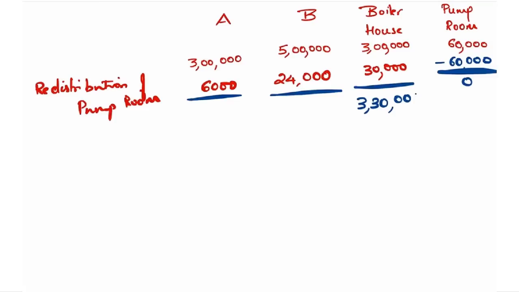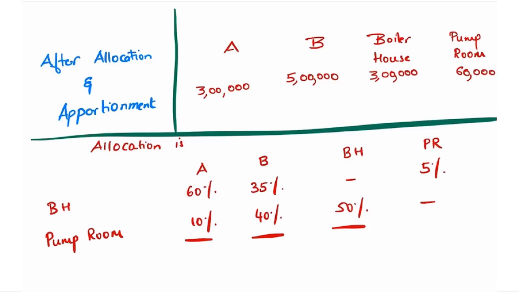Now boiler house is divided in the ratio of 60%, 35% and 5%.